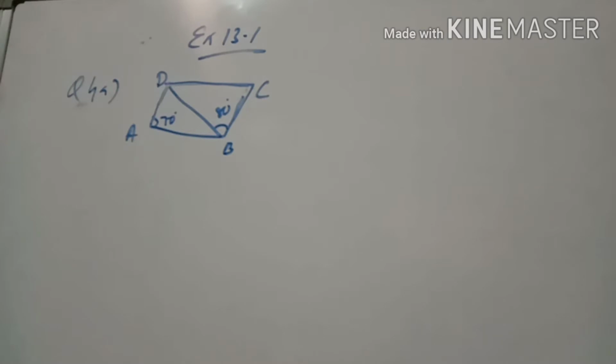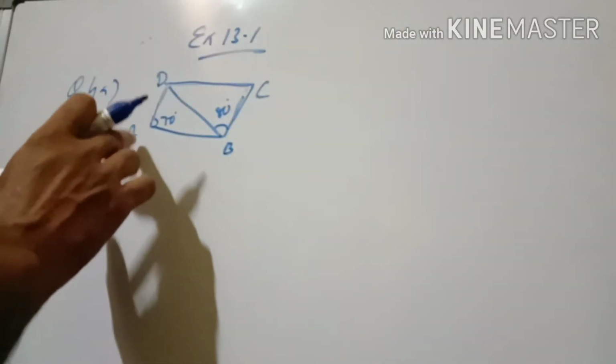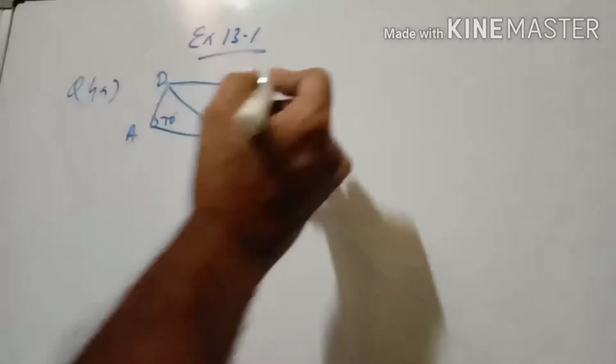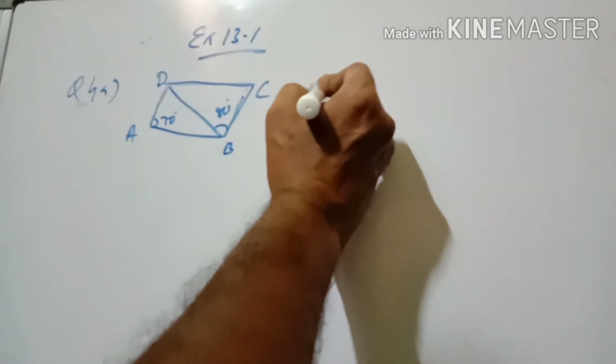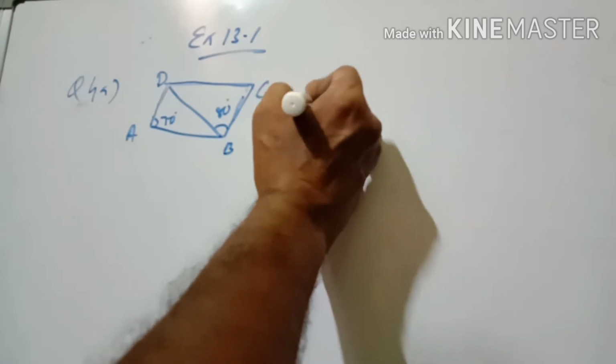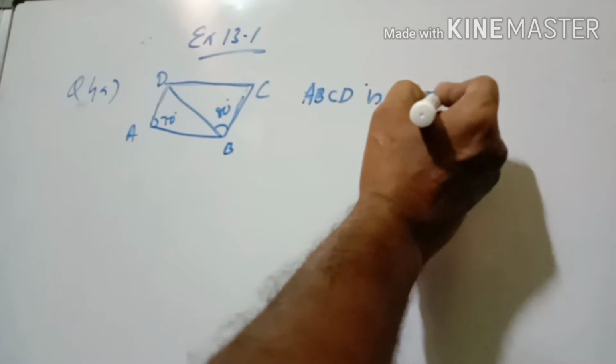Question number 4. It is given that in the given figure ABCD is a parallelogram in which angle DAB equals 70 degrees and angle DBC equals 80 degrees. Calculate the angles CDB and ADB. So first of all, it is given ABCD is a parallelogram.